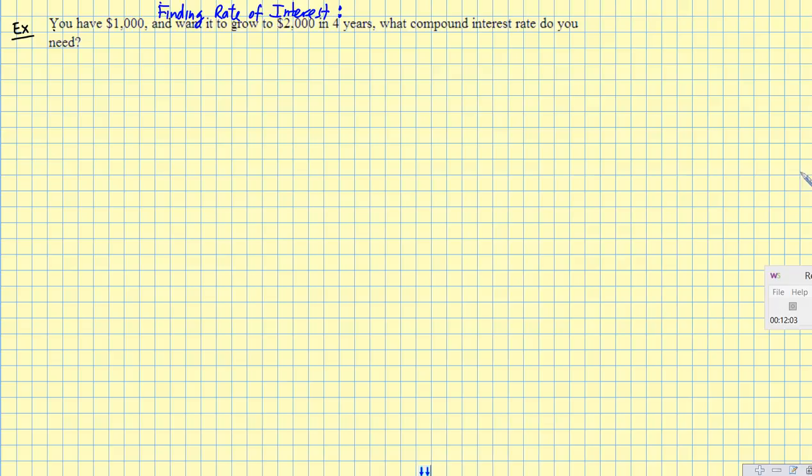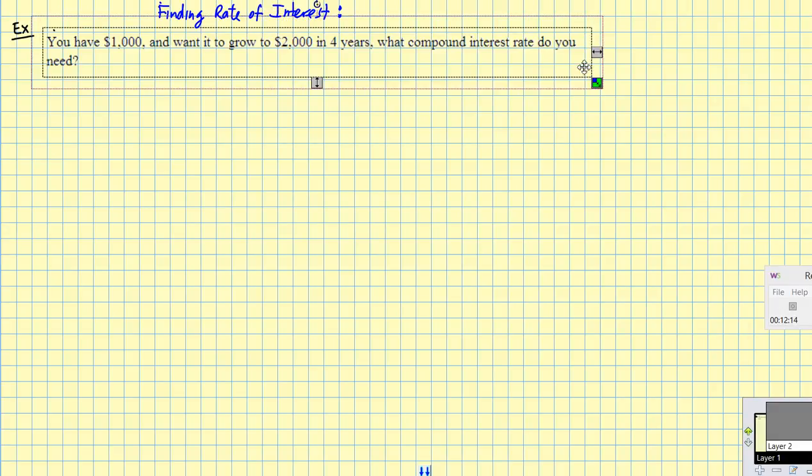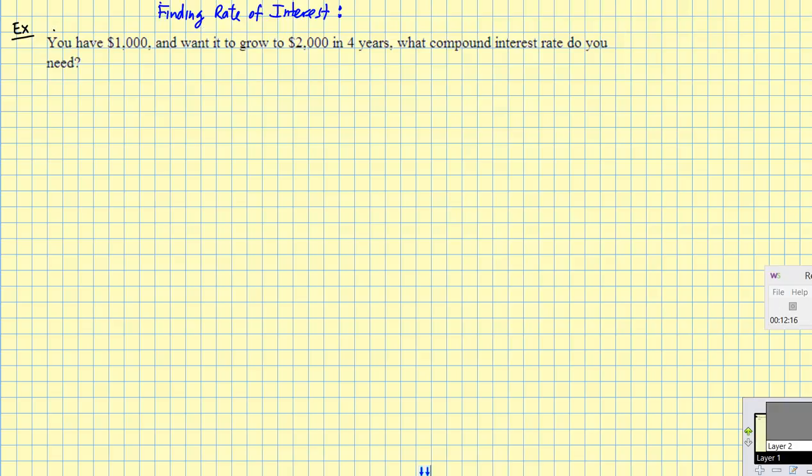So we've got an example here that says you have $1,000 and you want it to grow to $2,000 in 4 years' time. And the question is asking, what compound interest rate do I need to have?